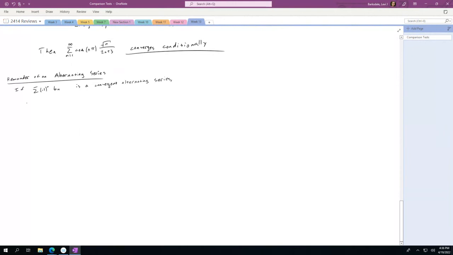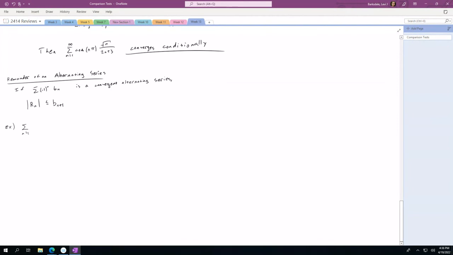Well, then what we have is the remainder after n terms is going to be less than or equal to the next term. So in other words, the overall remainder is always less than or equal to just the next term that's coming. So let's do an example.